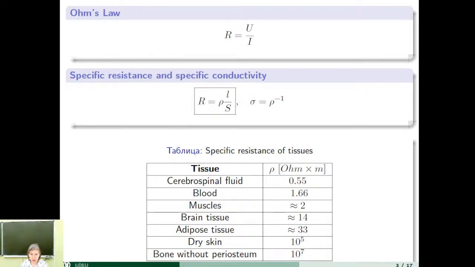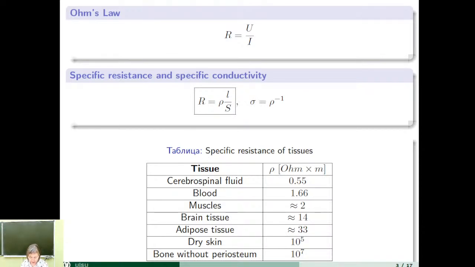This is the conductivity of biological tissues and fluids. Conductors are substances which have free charges capable to move under the influence of electric field. Examples: blood, plasma, lymph, intercellular liquid, spinal liquid, cytoplasm.